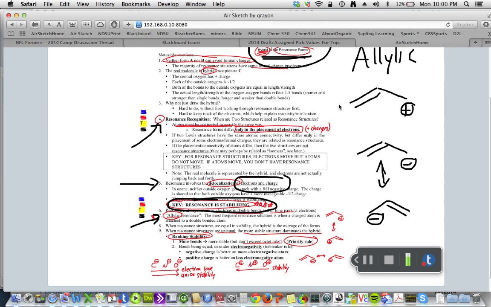So again, when you have resonance, particularly in the case of allylic things, if I have a negative on an oxygen versus on a carbon, the species with a negative on oxygen is going to be somewhat better. So the real thing is not going to be 50-50 sharing of the charge between the O and the C. The O is going to have more of it.